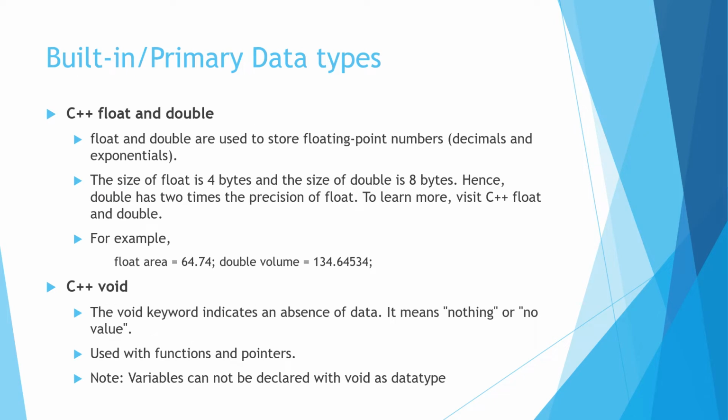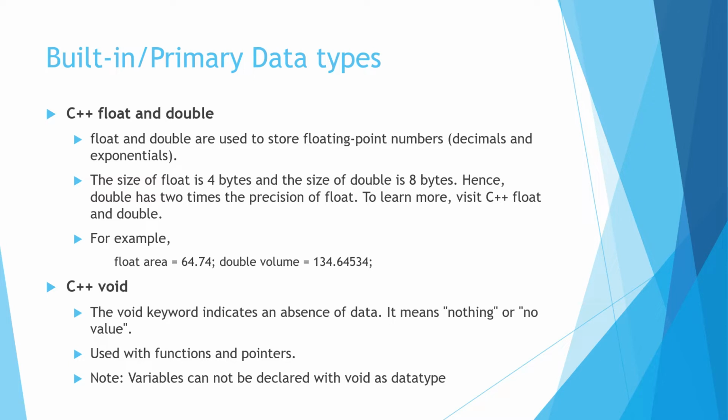Other data types are float and double. These two are used for storing floating point numbers, and the size of float is 4 while that of double is 8 bytes, and the precision of double is twice that of float. That means float has a precision of 7 points, and double has a precision of 15 points.